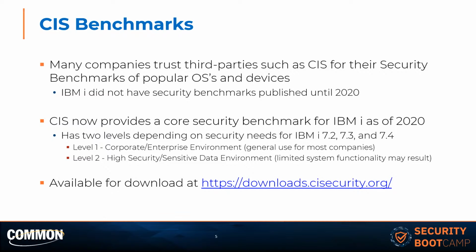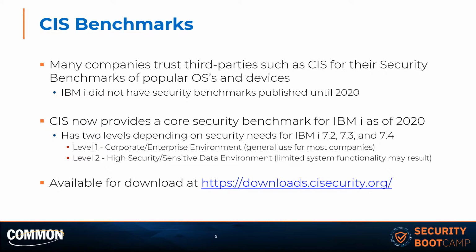They make popular benchmarks for many different OSs and devices. For many years, the IBM i was not included in the CIS benchmarks. However, as of 2020, the IBM i is now listed on the CIS website and has benchmarks available for IBM i 7.2, 7.3, and 7.4.